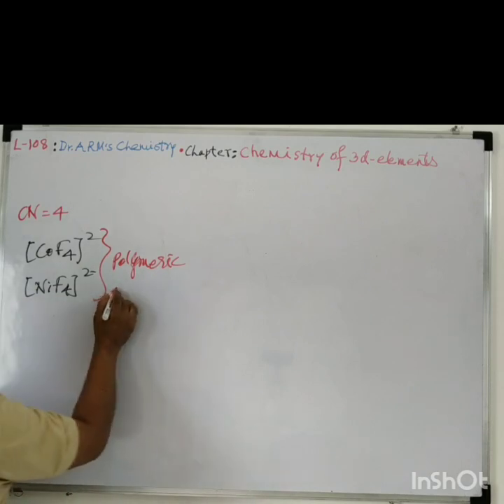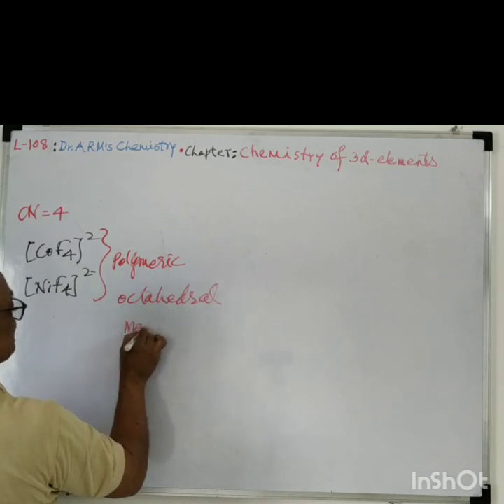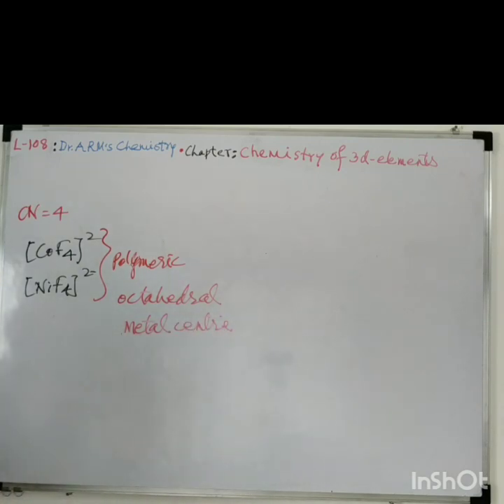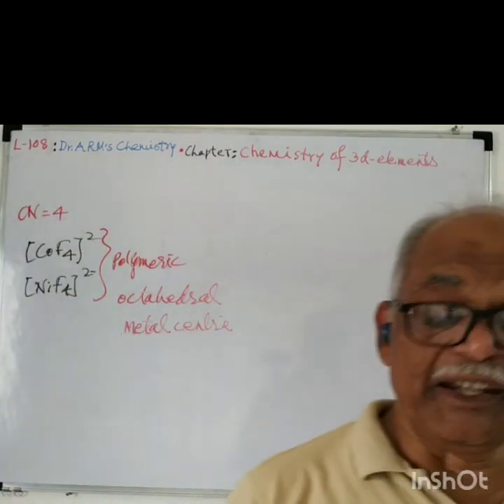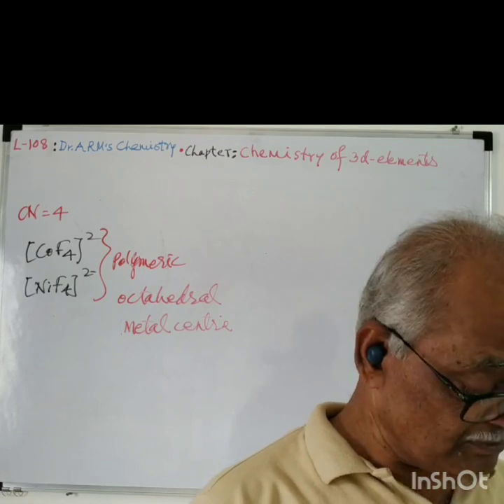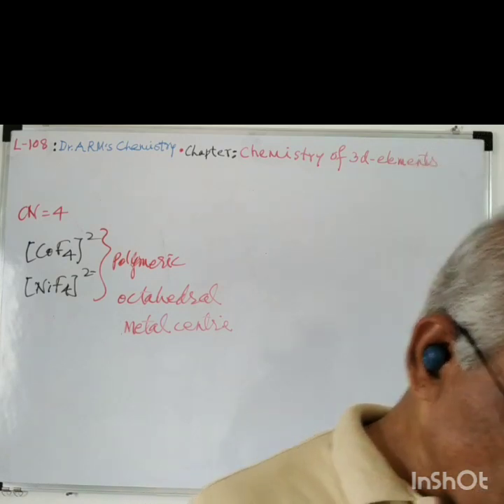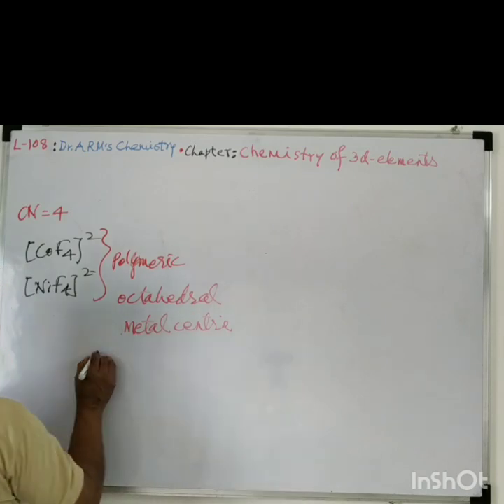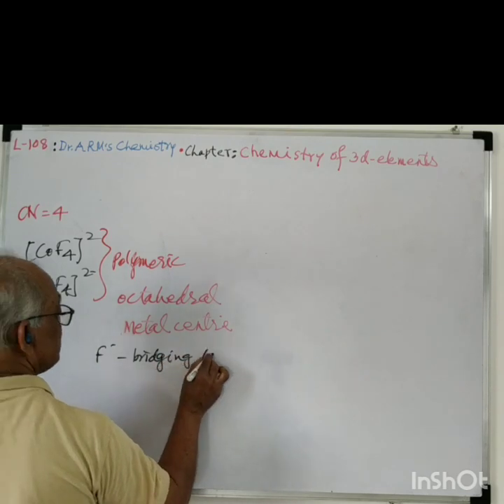It can have an octahedral metal center. Here fluorine is used as a bridging ligand.